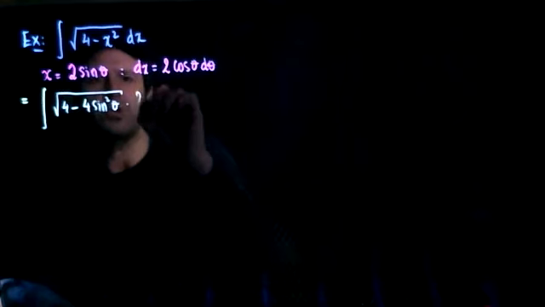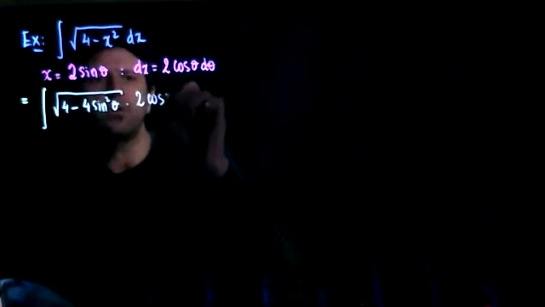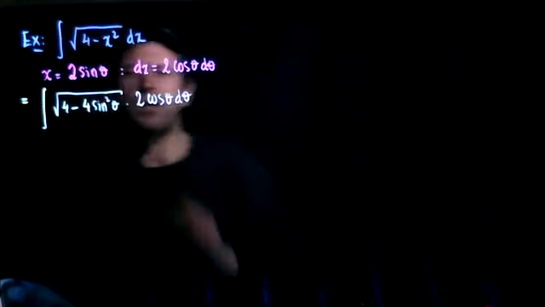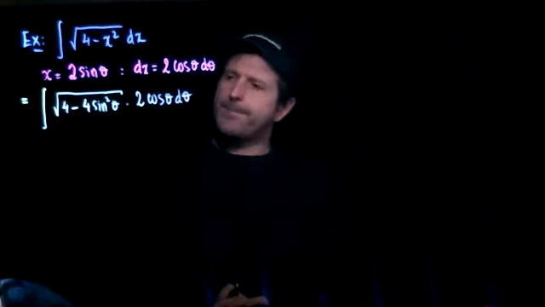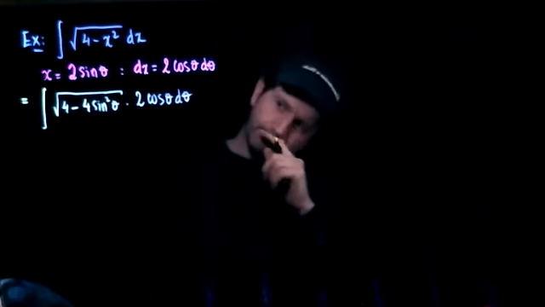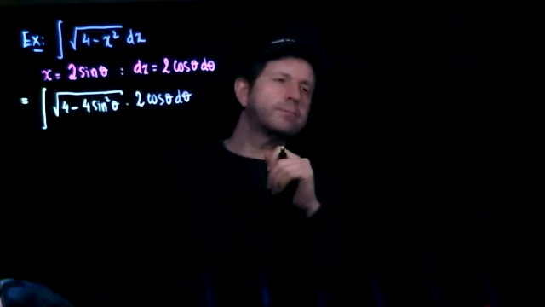Let's go here. We write the integral of the square root of 4 minus, so x squared is 4 sine squared theta, times dx, which is 2 cos theta. Any questions?